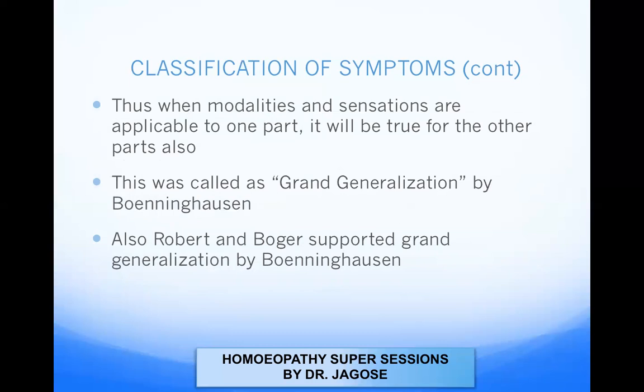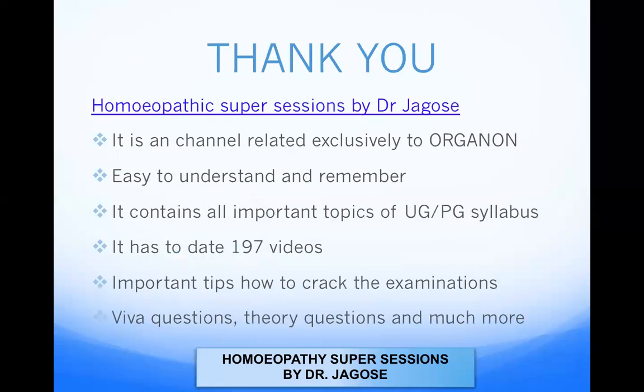Also, Robert and Boger supported grand generalization by Boenninghausen. So this is very important: in grand generalization, the sensation and modalities incomplete in one symptom could be completed by generalizing on a very grand scale, thus removing the obstacles to cure.